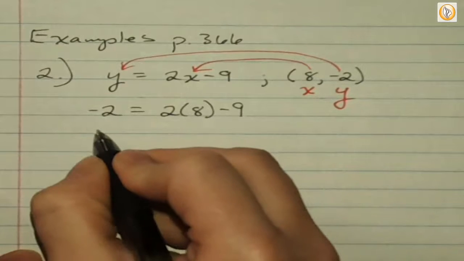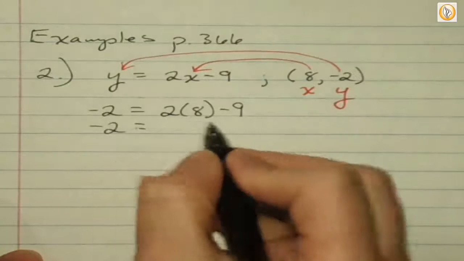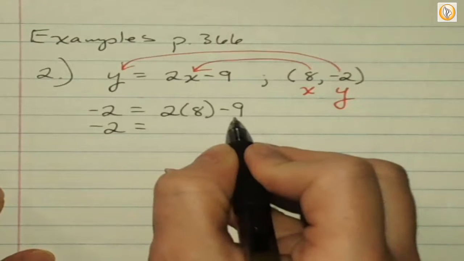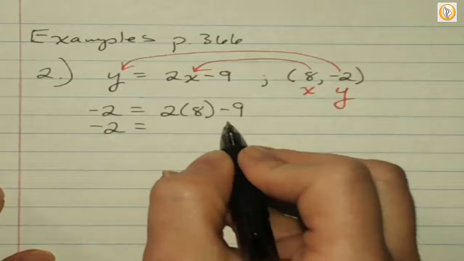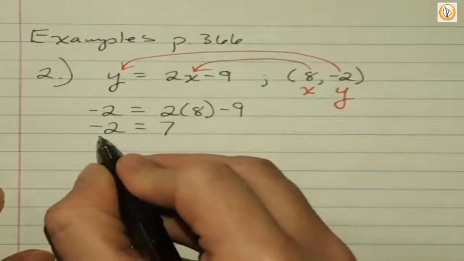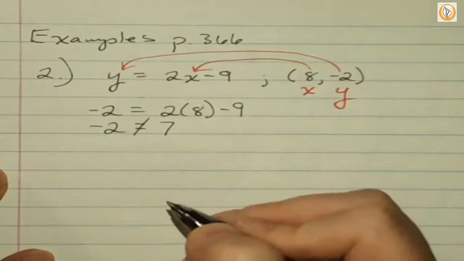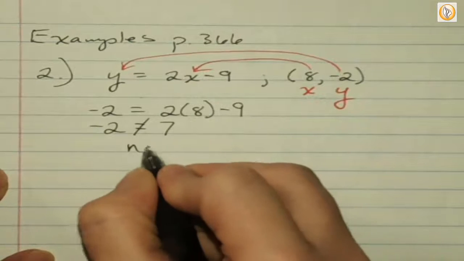So Kelly, negative 2 equals, what is 2 times 8? 16. Minus 9. 7. So does negative 2 equal 7? No. So then your answer is no.